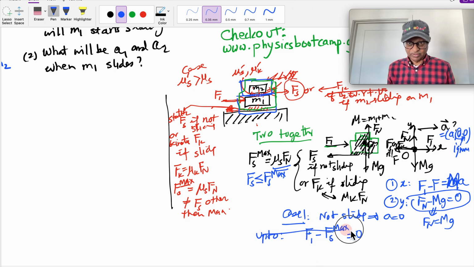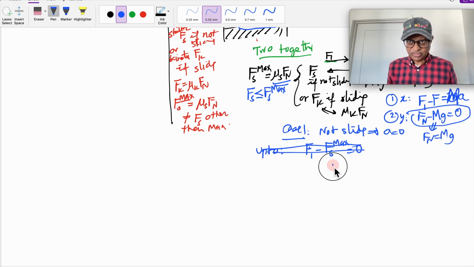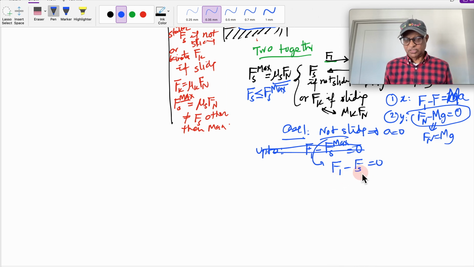So let me write some. Not sliding in general is F1 minus F, with F being Fs, equal to 0. So whatever F1 is going to be matched by Fs.